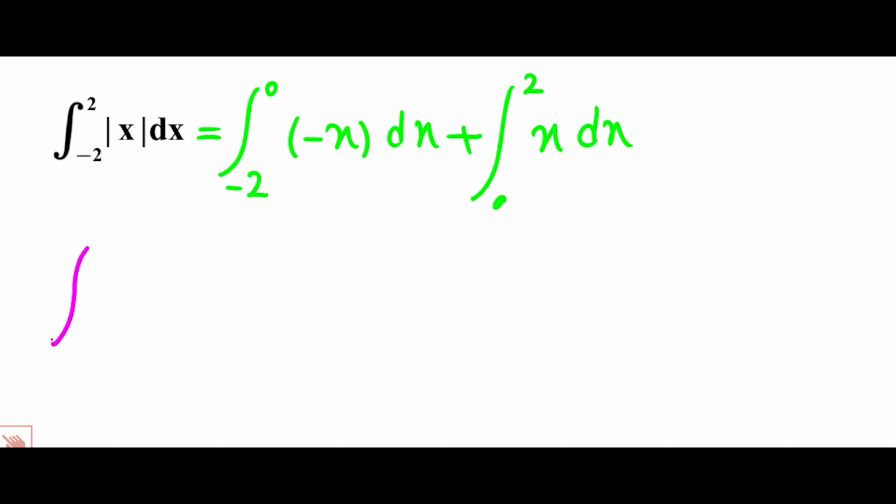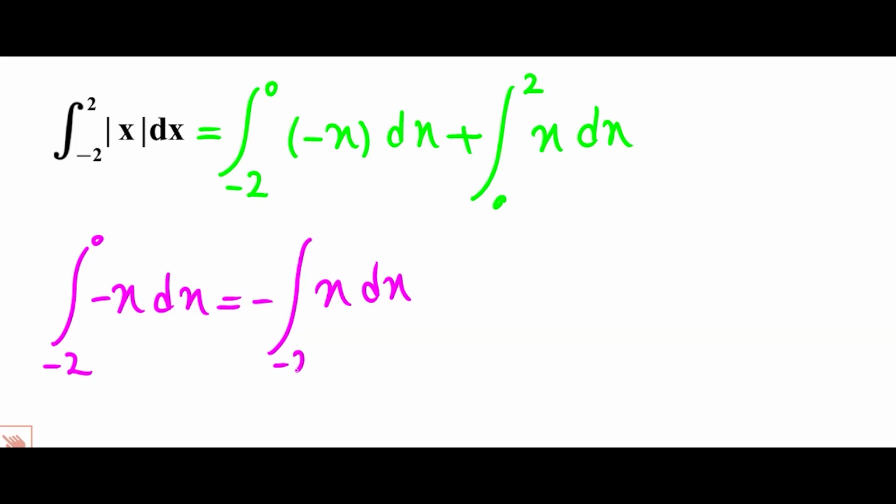Now compute each part, means the integral of negative x from -2 to 0 dx, so we have negative the integral of x dx from -2 to 0, so we have -1/2 x squared from -2 to 0.